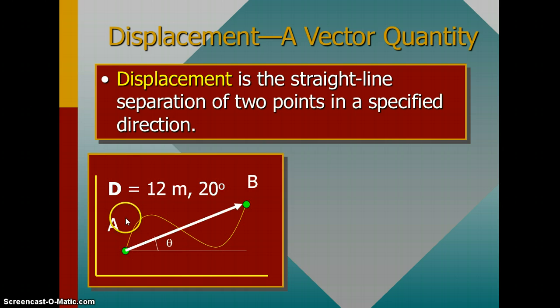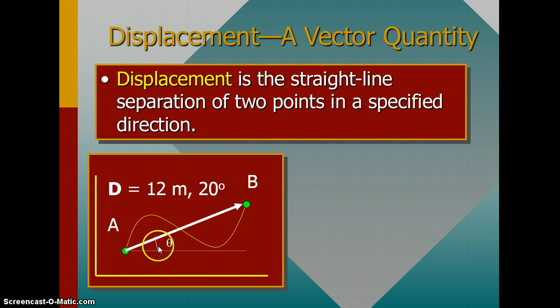Okay, so let's say in this very example that we have 12 meters and this has a 20-degree angle right here, but this line moves along this way, but the distance from the first point to the next one, from A to B, should be, in this case, my vector, because it has magnitude, which is 12 meters, but it also has a direction, which in this case is 20 degrees.